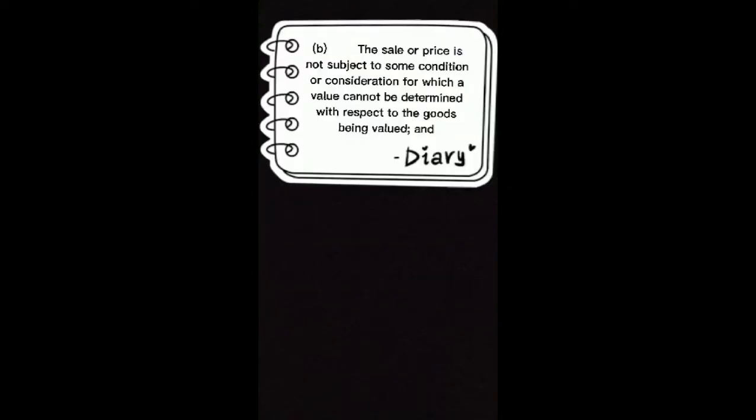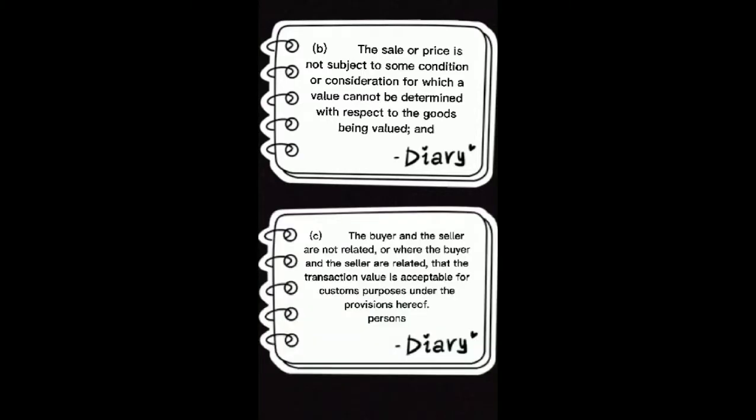The sale or price is not subject to some condition or consideration for which a value cannot be determined with respect to the goods being valued, and the buyer and the seller are not related, or where the buyer and the seller are related, that the transaction value is acceptable for customs purposes under the provisions hereof.